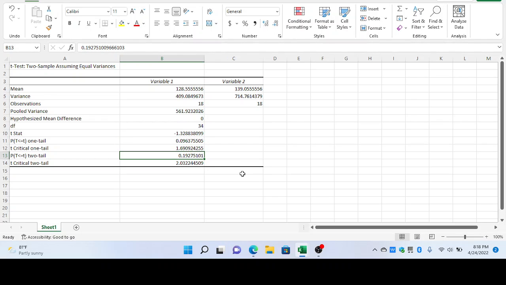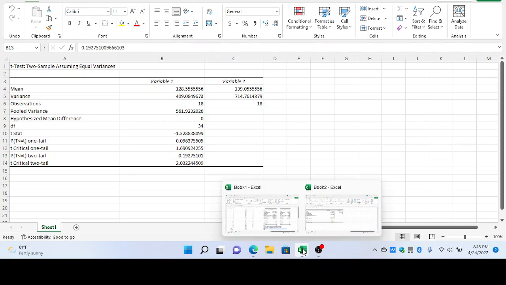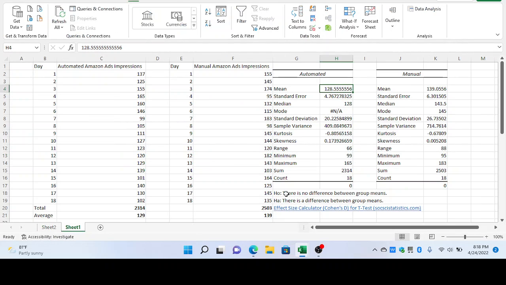In this case we would say that the means were not statistically different, so you would fail to reject the null hypothesis.